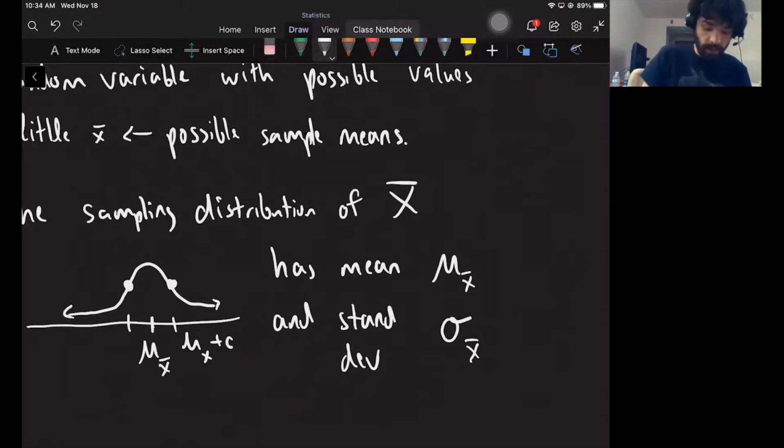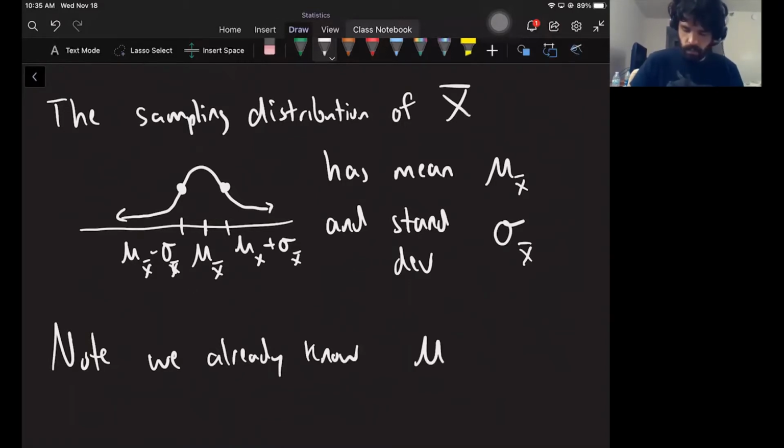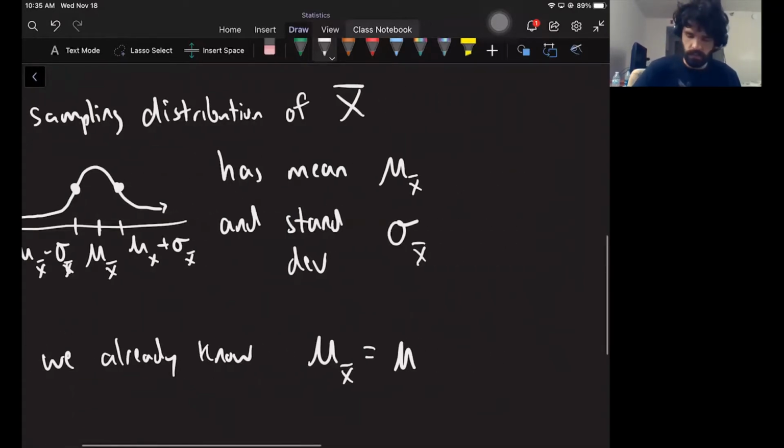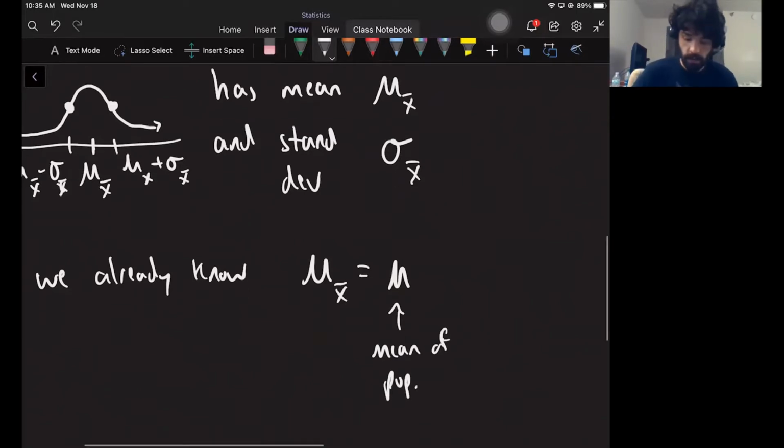So then, what we did last time is what we already know here, that this mean is always going to be the same as the population mean, which is mu. So this is the mean of the population. That's what we used last time to draw these things.